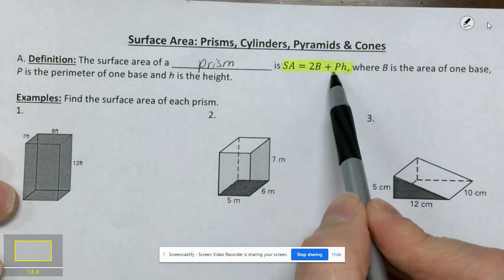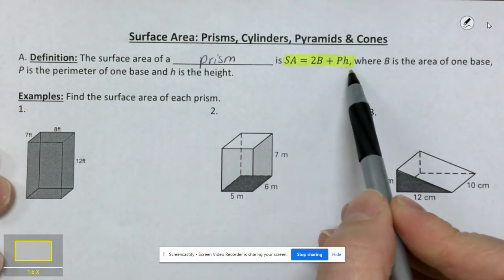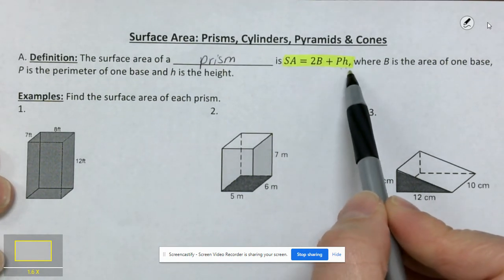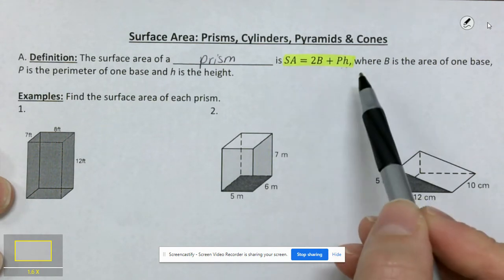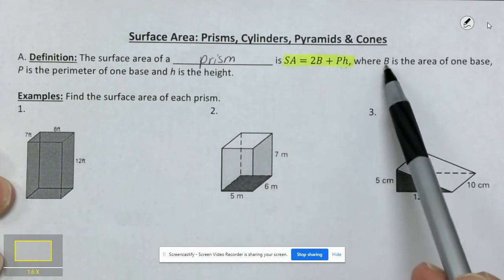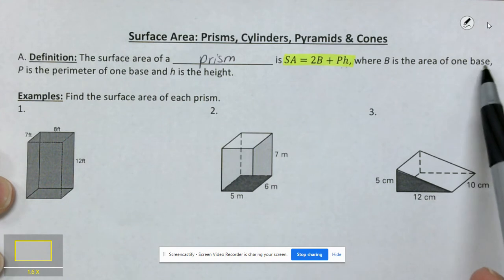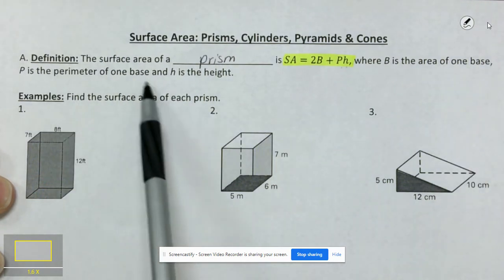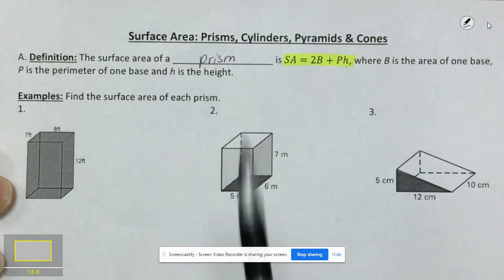P is the perimeter and H is the height. Notice it's the base area of one of the bases and the perimeter of one of your bases. And then the H represents the height.